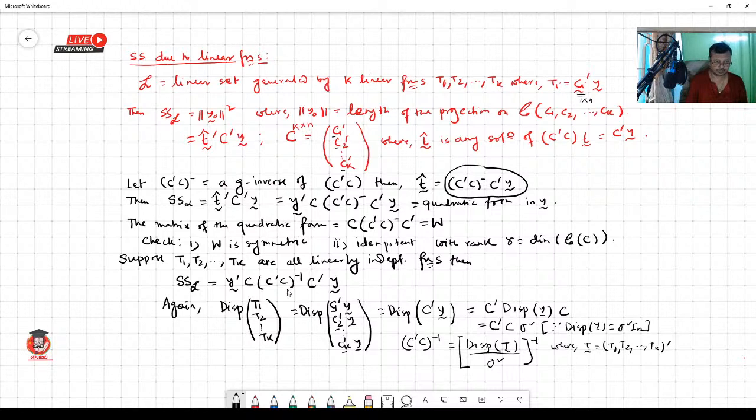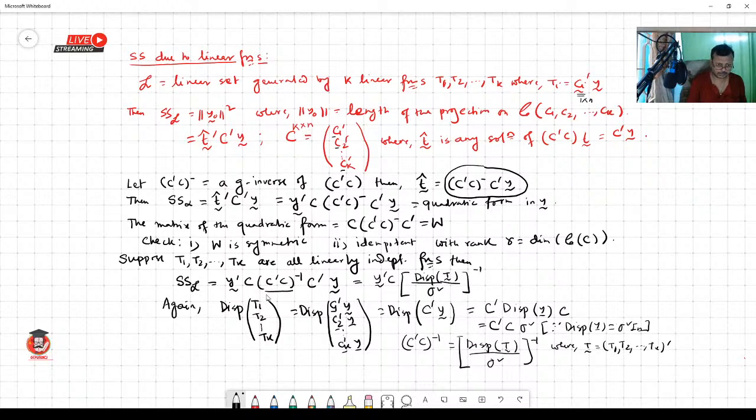Okay, so therefore SS due to script L we write as y curl prime C into dispersion of T curl sigma square inverse.